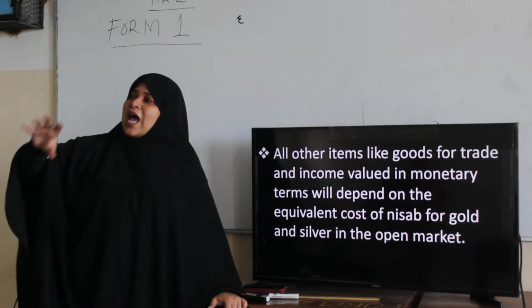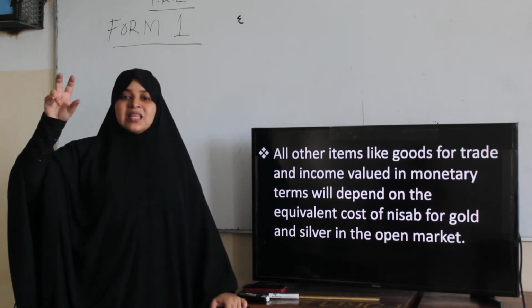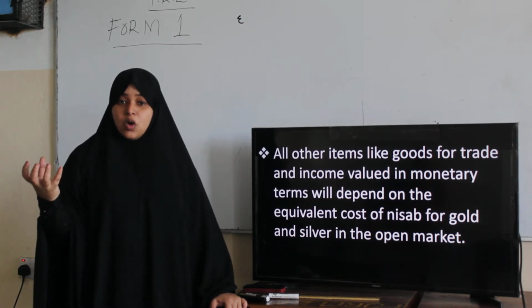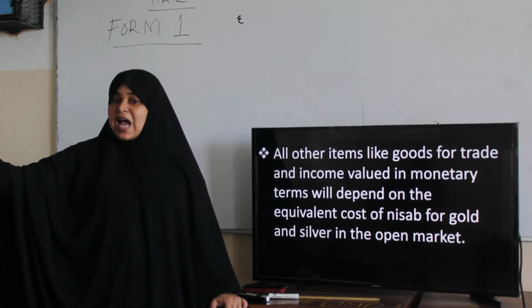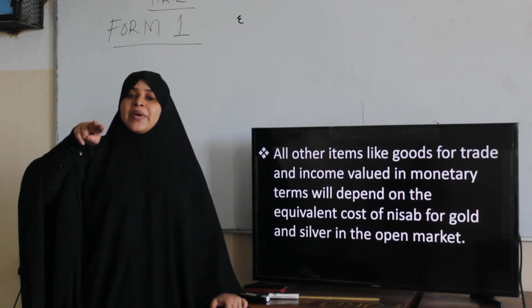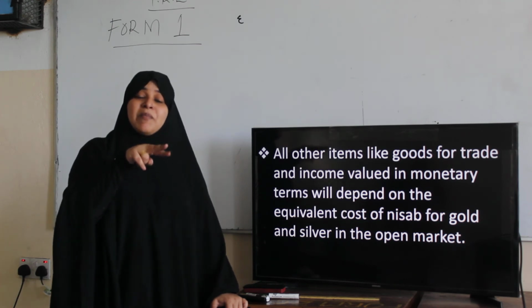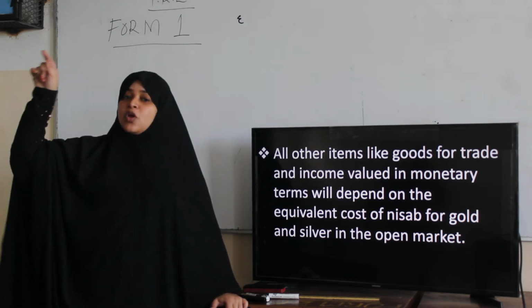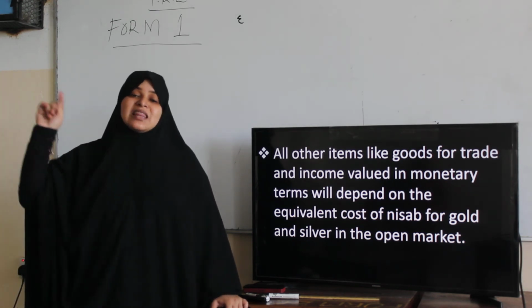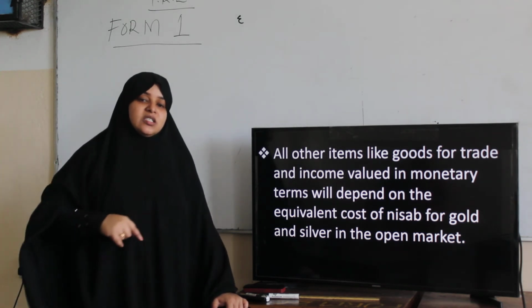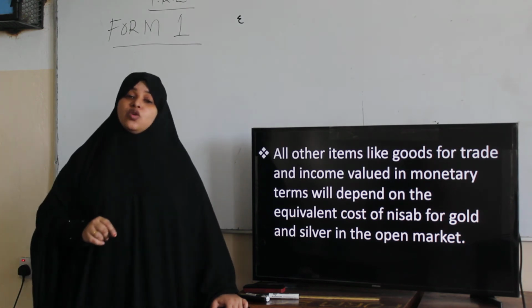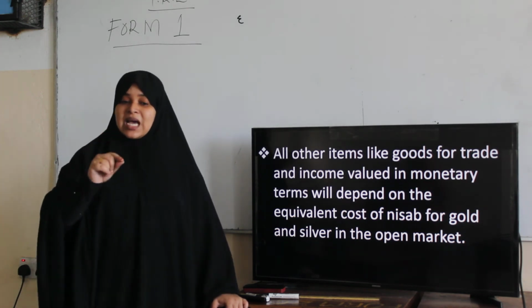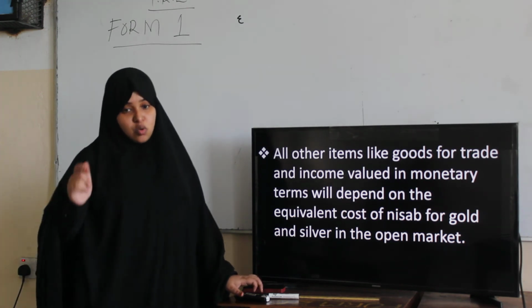You will have to confirm the rate for gold or silver in the market, and then compare it with the money that you have. So it should be equivalent to the rate of gold and silver in the market. And now it's when you calculate your zakat on the goods that you own.